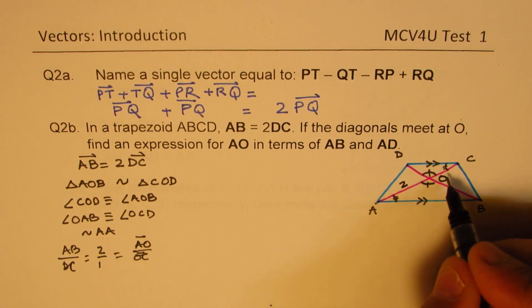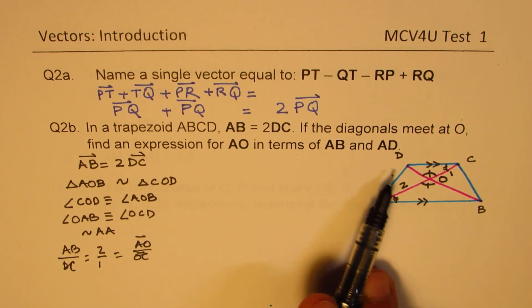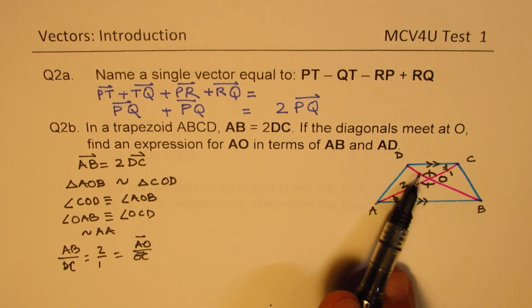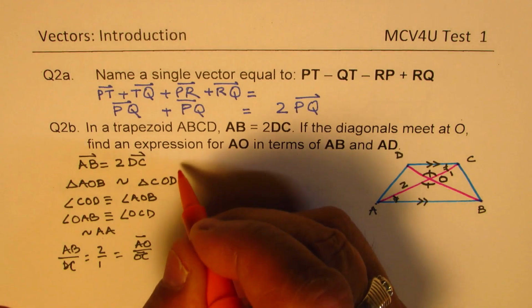So this is also 2:1, clear? So that is important to understand. Similarly, DO to OB will be 1:2, right? So we are going to use this particular property of similar triangles to find out the relation.